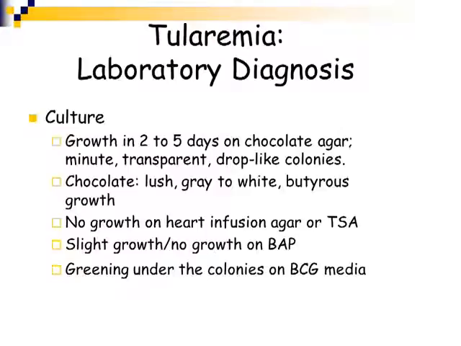It does not grow on brain heart infusion agar or trypticase soy agar, and like I said, it doesn't grow that well on blood agar. You can get that greening underneath the colonies, but that can make it look like it's alpha hemolytic.